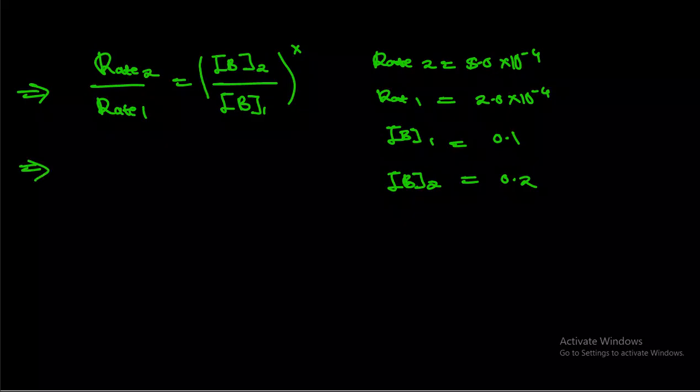So we say rate 2 is equal to 8.0 times 10 to the power negative 4 over 2.0 times 10 to the power negative 4, which is equal to concentration B2, which is 0.2, over 0.1, concentration 1.